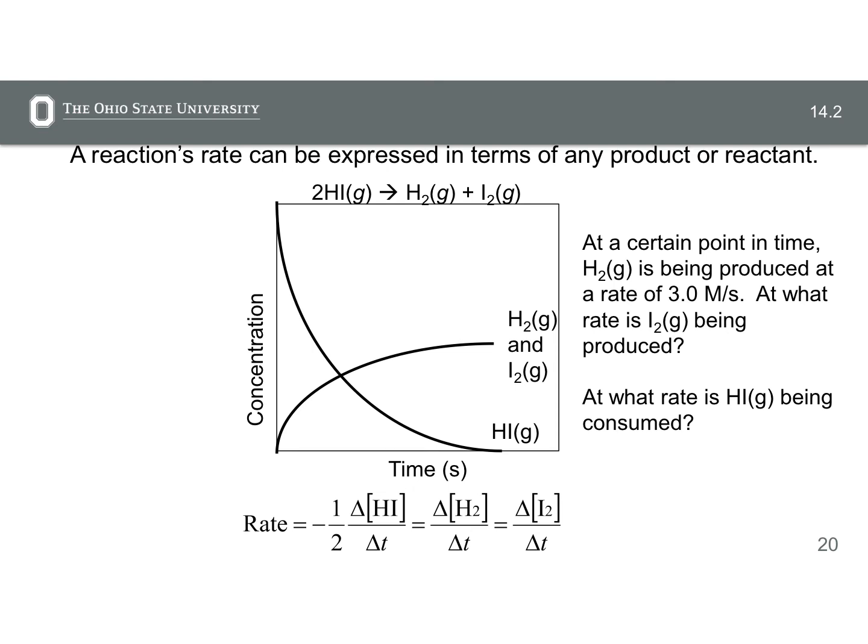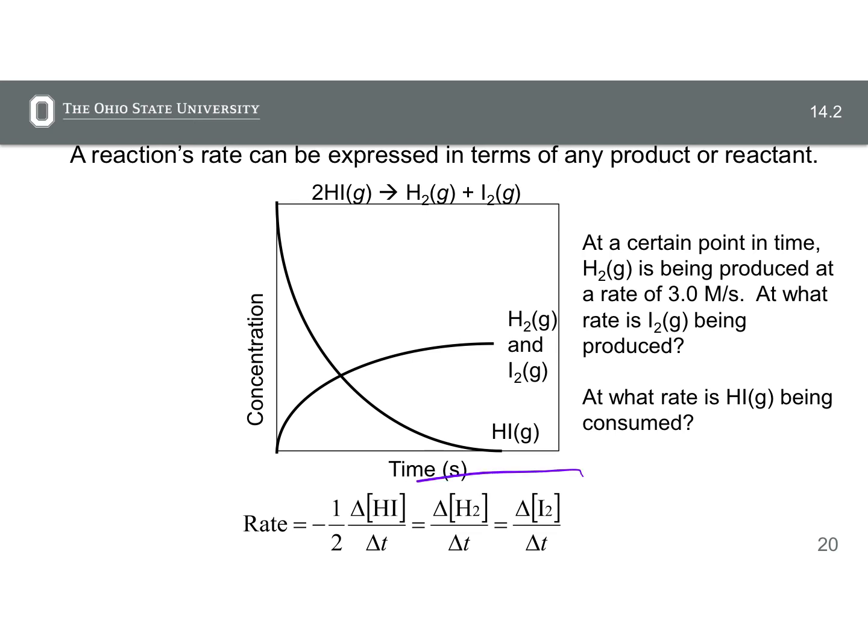So take a look at the stoichiometry. We have 2 of the reactant, 1 in front of each of the products. And our problem here says that at a certain point in time, H2 gas is being produced at a rate of 3 moles per liter per second. At what rate is the iodine gas being produced?